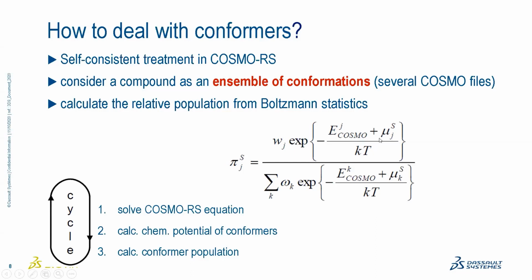And with this chemical potential, we can calculate this equation here. And I have the fraction of the conformers now, a better one. And I go again into this loop and solve the COSMO-RS equation again. So, if you do calculations with a lot of conformers, you will realize that the calculation slows down. And this is due to the second loop.